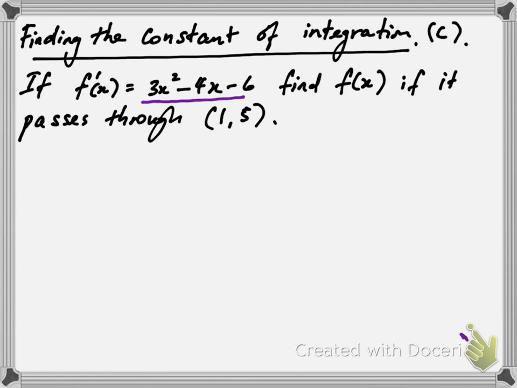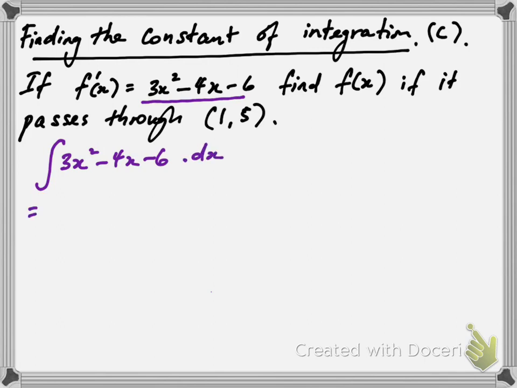So step 1 is integrate. So we use the notation: the integral of 3x squared minus 4x minus 6 dx.